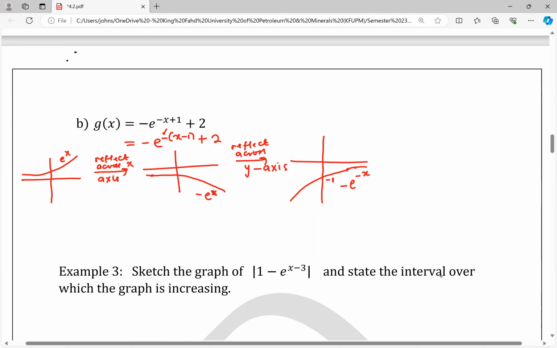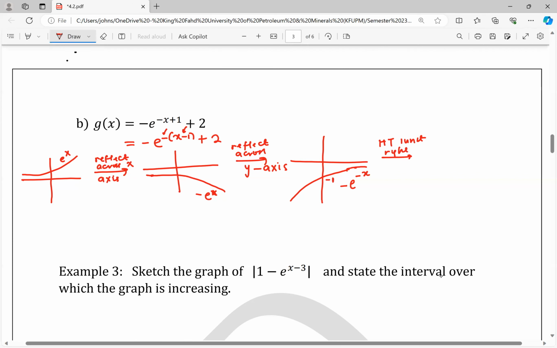Okay. Now we have to move how many units? Because here you can see it's a minus now. Since it's a minus, we have to go to the right. So this will be horizontal translation, 1 unit to the right. So what does that mean? It means that this point will have to shift.